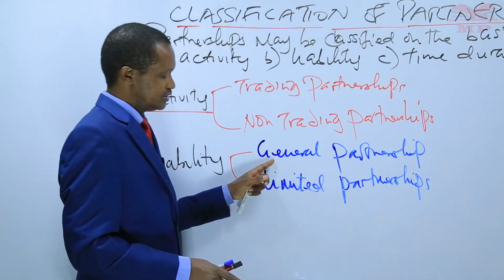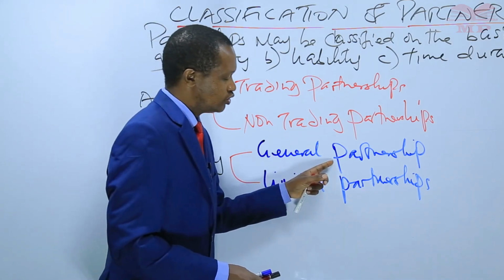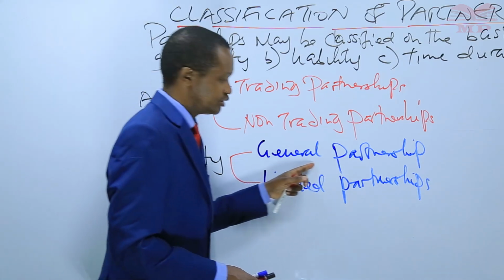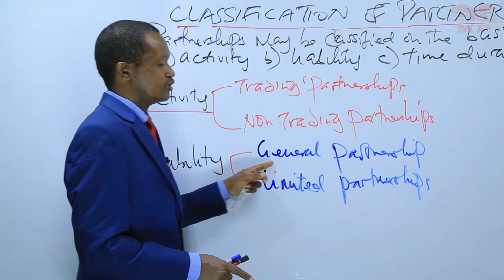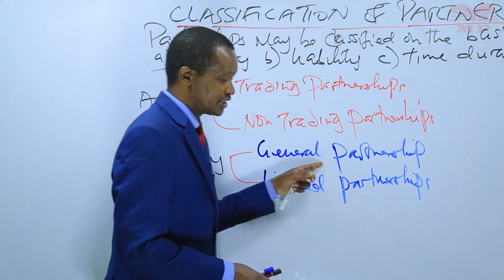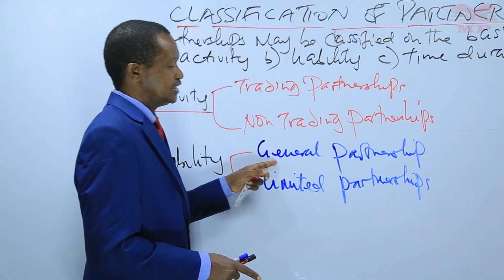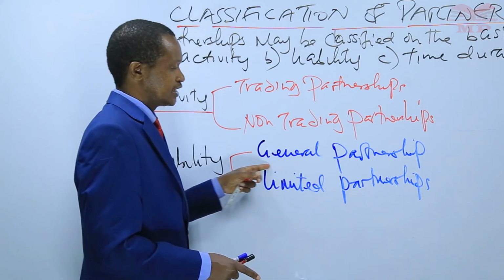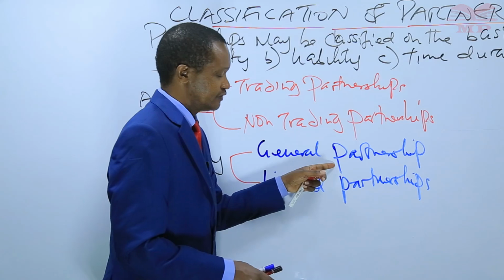We've said here that all the partners in a general partnership may act on behalf of the firm, and all these partners can be held individually liable for the debts of the partnership.